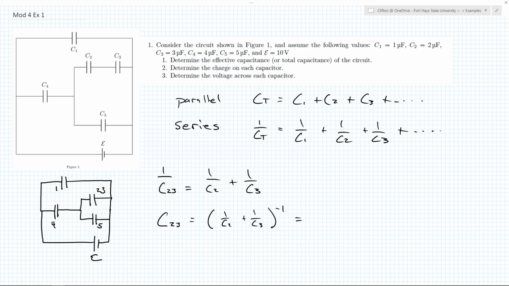I have values for all of the capacitors in the circuit, so this is going to be 1 over 2 microfarad plus 1 over 3 microfarad, 1 over all of that. And I get 1.2 microfarad.